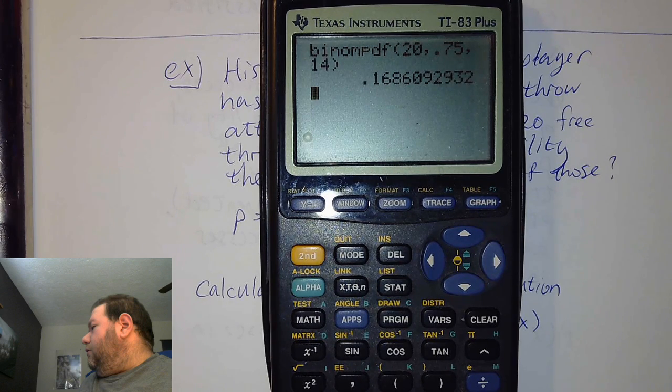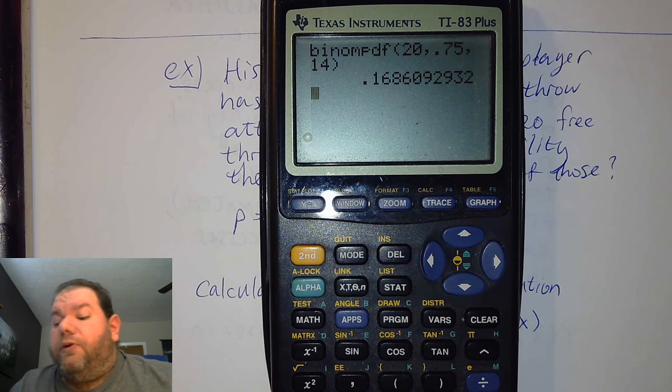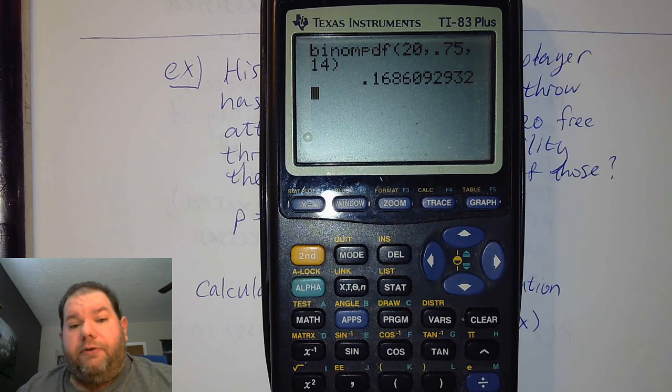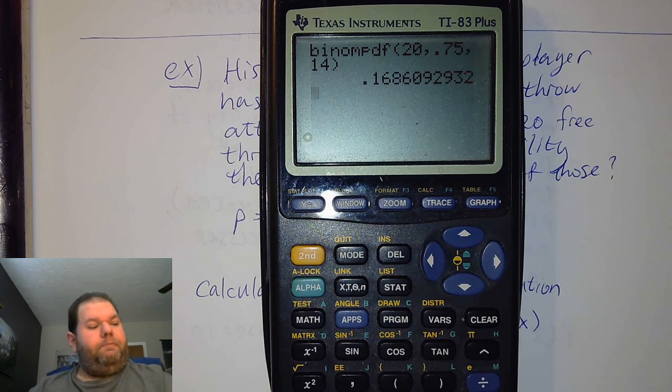Alright. So that means we have almost a 17% chance, it's 0.169 if we round, probability, so almost 17% chance that this basketball player will make 14 out of the 20 free throw attempts.